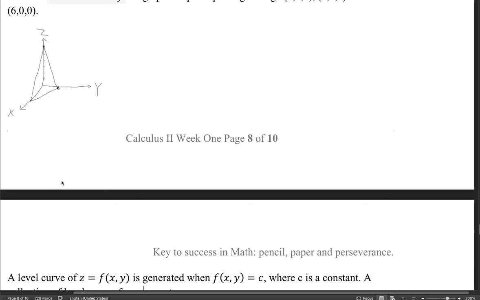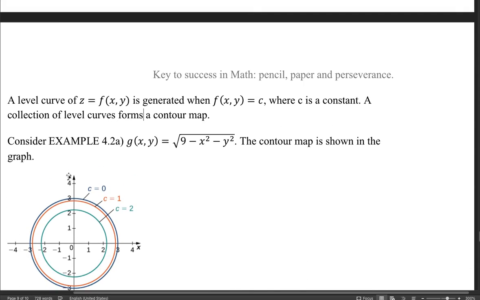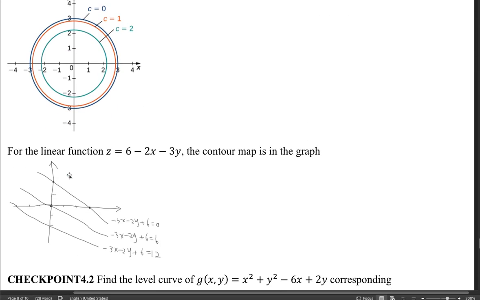This is how I would like to visualize the surface in three-dimensional space. Usually it is hard, and the examples I did in the notes are very simple ones. But I hope you are convinced that using a contour map helps visualize the actual surface. Okay.